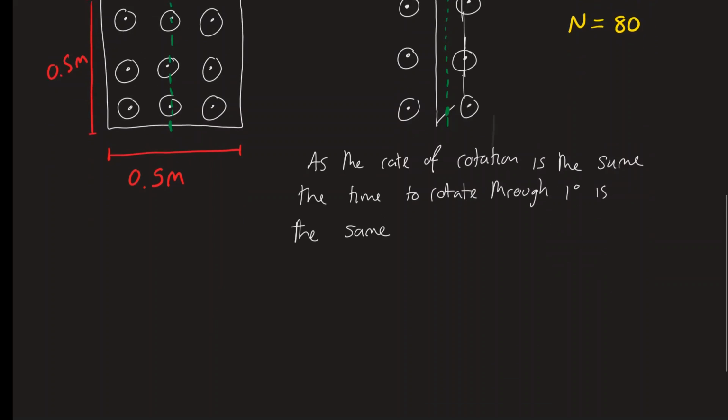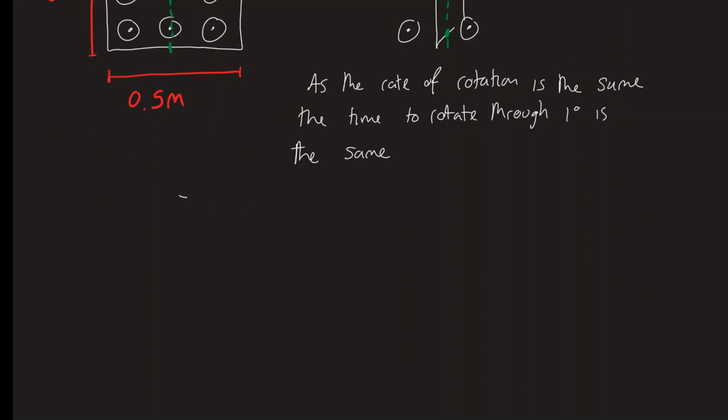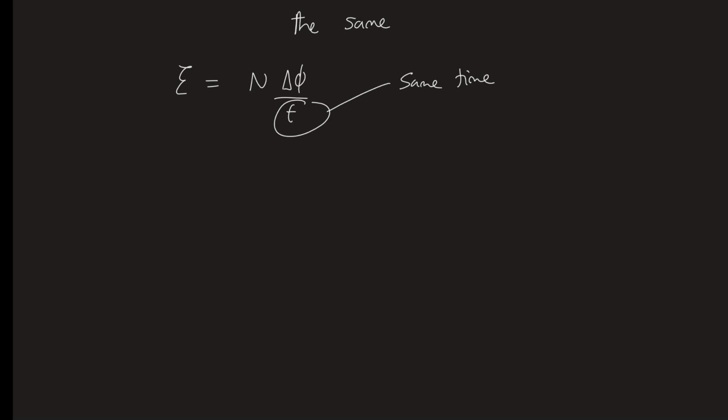That's good, because if we recall Faraday's law, which as an equation states that the EMF is equal to N multiplied by the rate of change of flux, delta phi over t, we'll be able to use the same time for each case. So let's look at case 1, coil 1.